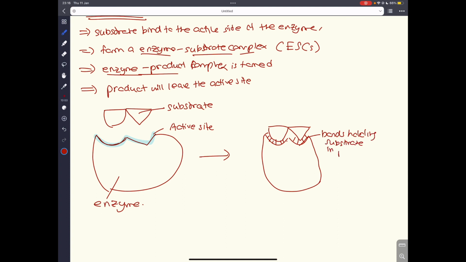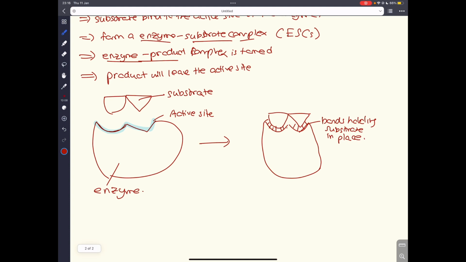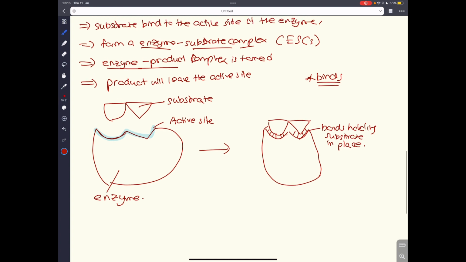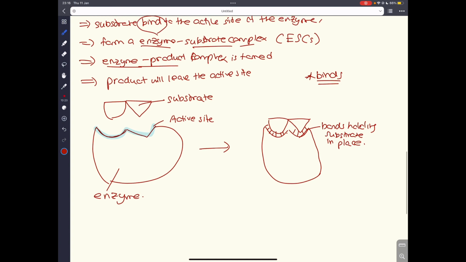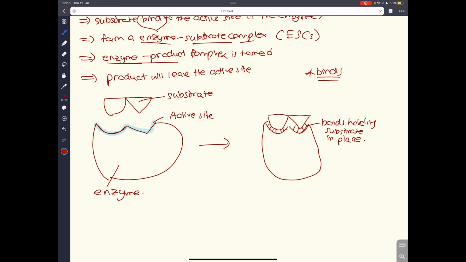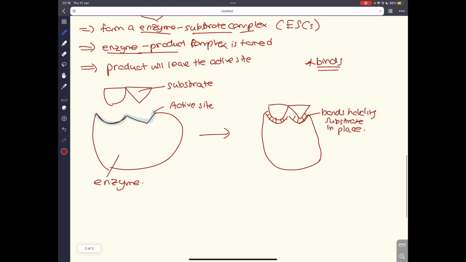So basically the substrate will join with the active site, where it binds to the active site. Note that you have to use terminology like bind to the active site. So the substrate binds to the active site, and that's a very key word and key definition that Cambridge would want you to use.